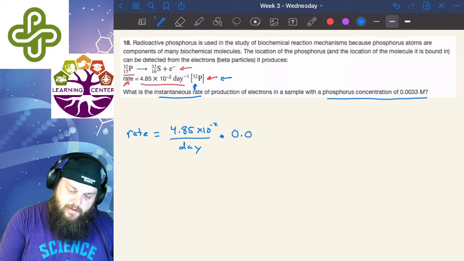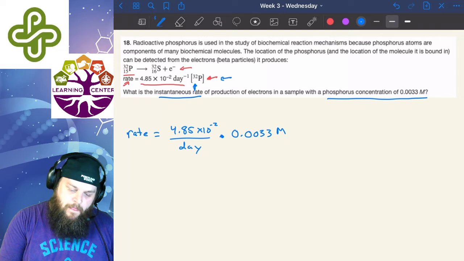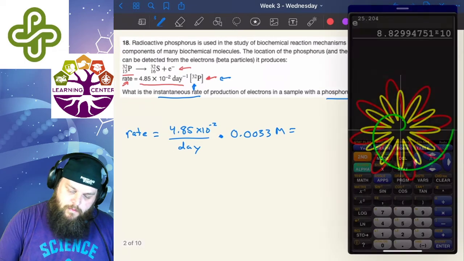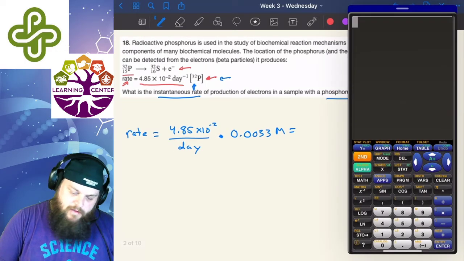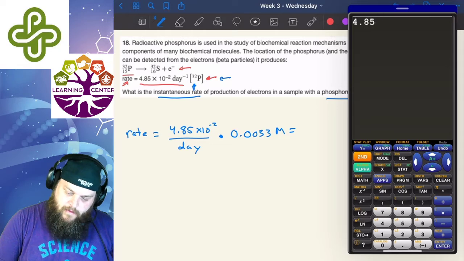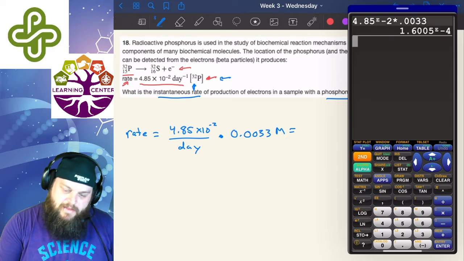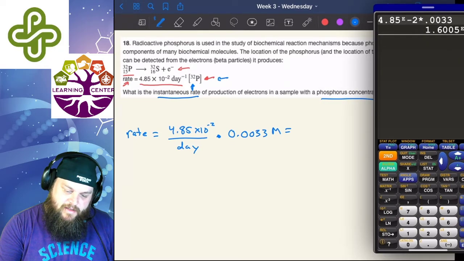So that's 0.0033 molar. So I can say 4.85 e to the negative 2 times 0.0033 molar gives me 1.60 times 10 to the negative 4.